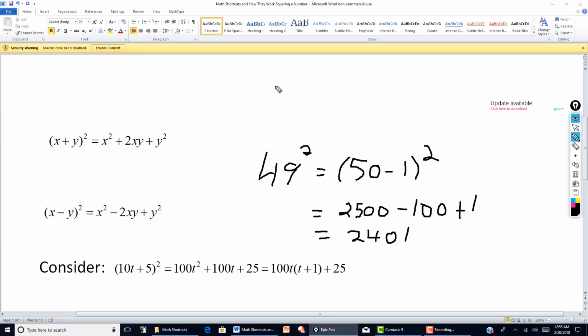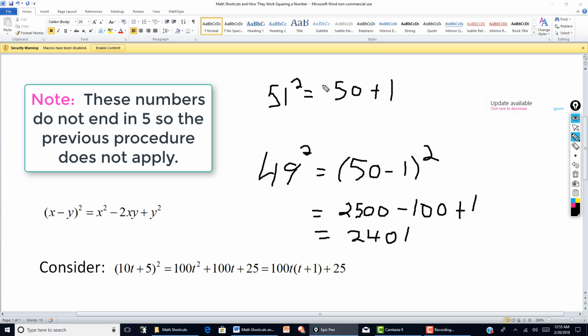Now if you have something like, say, 51 squared, then you can think of this as 50 plus 1. In this case, using the first formula, 50 plus 1. And then again, squaring this out, 50 squared will be 2,500.